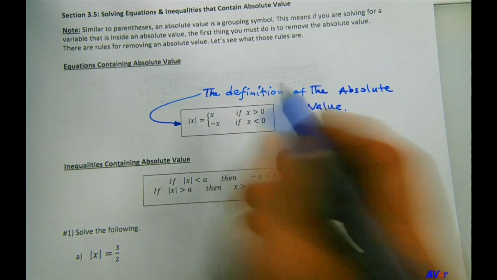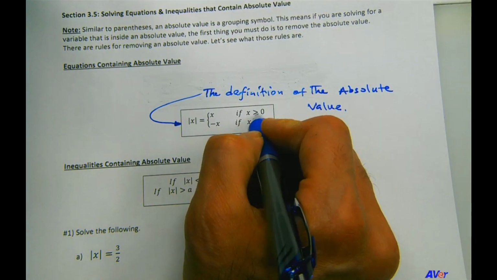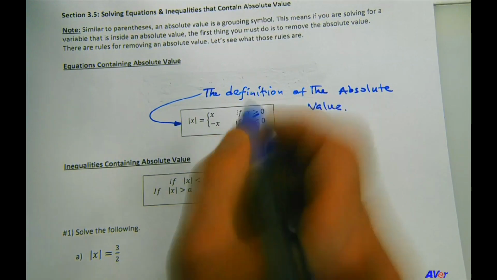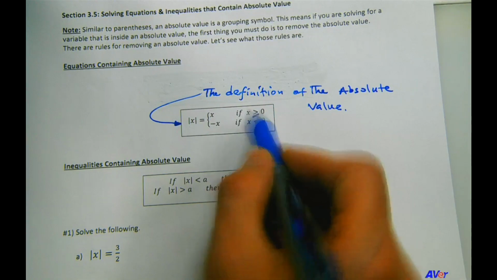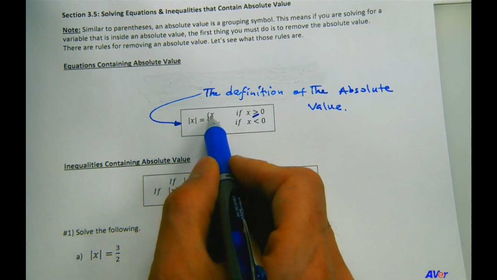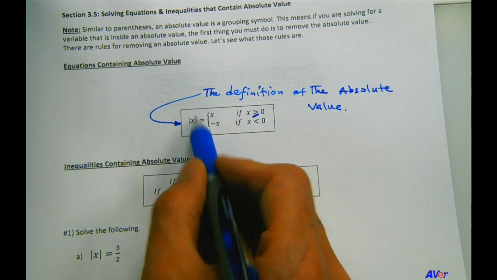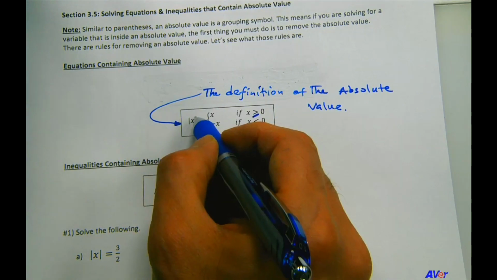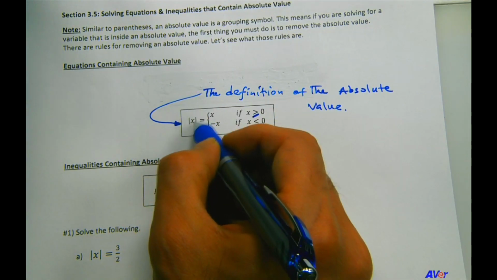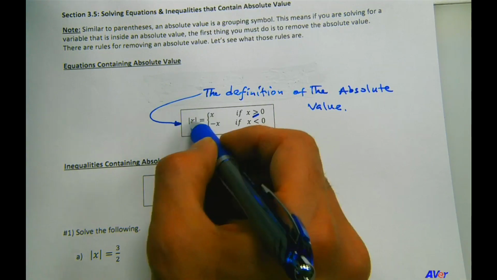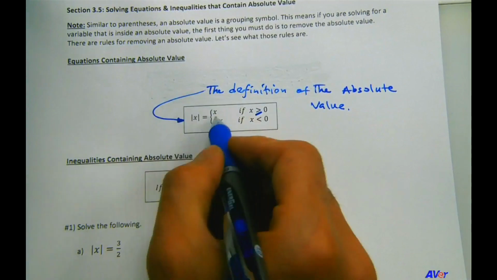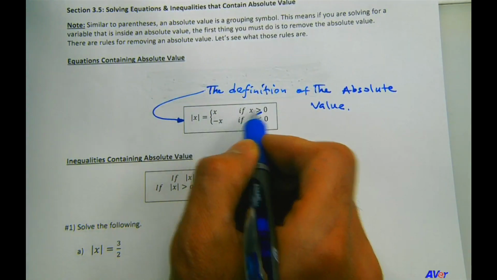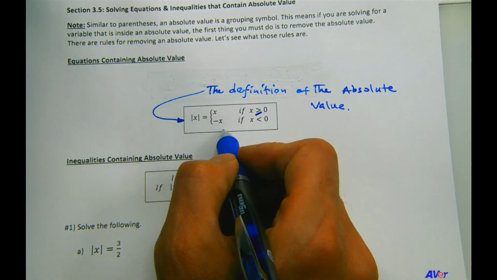As a matter of fact, we can put an equality symbol under that too. So if x is greater than or equal to 0, then the absolute value of x equals x. All you have to do is just remove the absolute value notation and you get one of the solutions. You get one of the solutions if x is greater than or equal to 0.